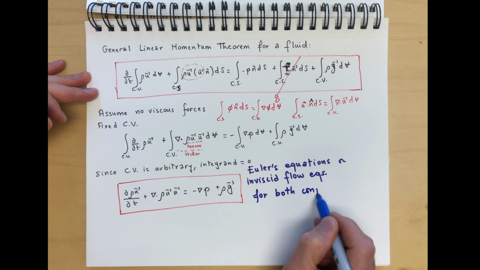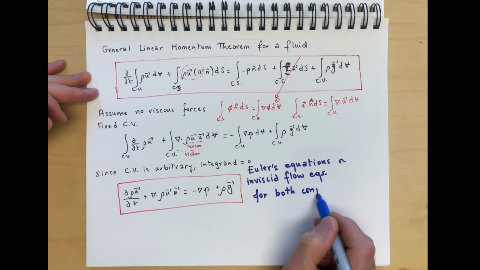Over here we have partial rho u by partial t plus div rho u u equal minus grad p plus rho g. In Cartesian coordinates, it's x, y, z.